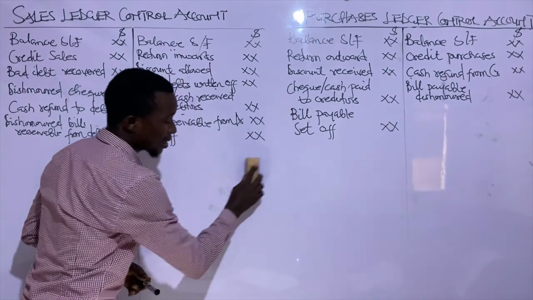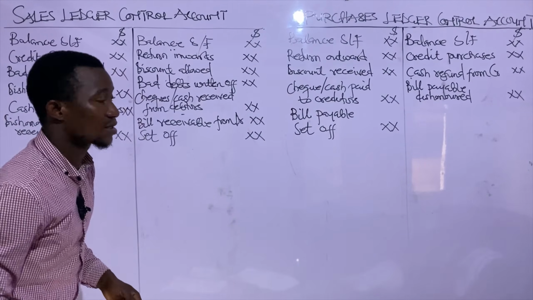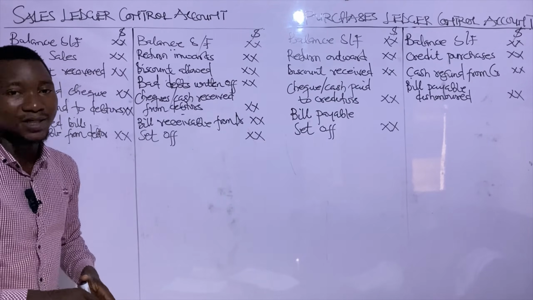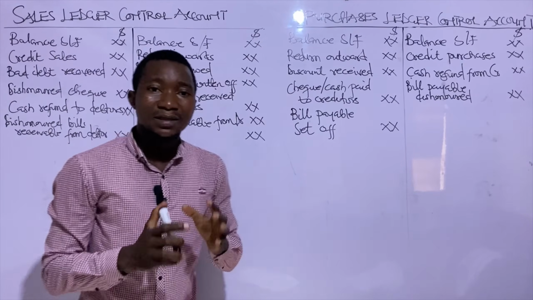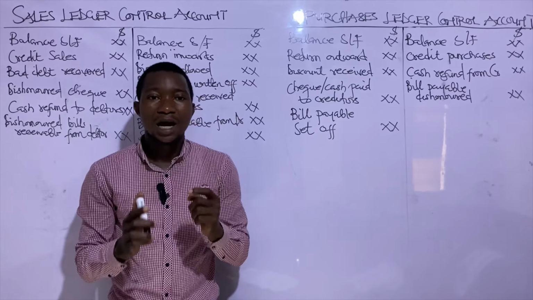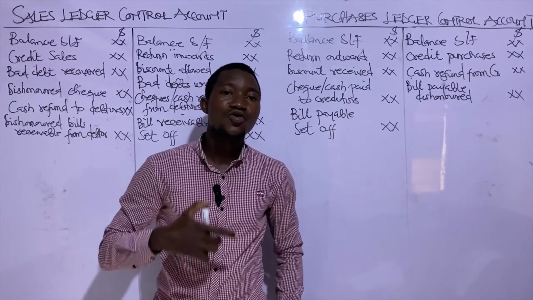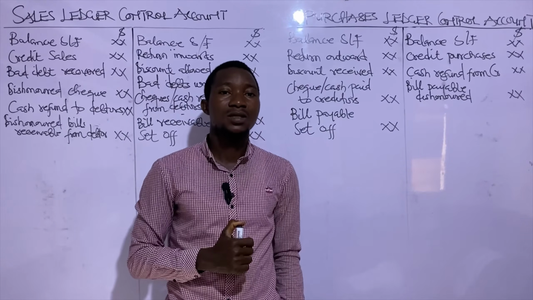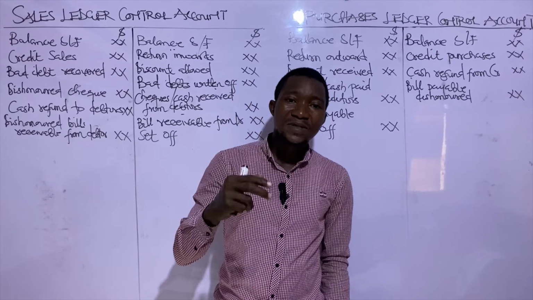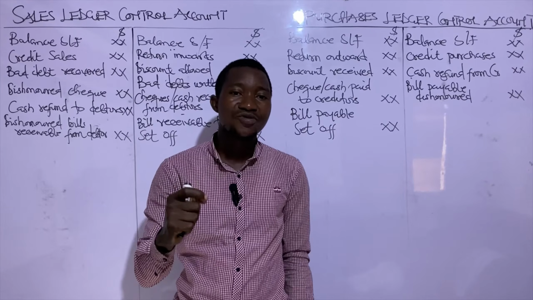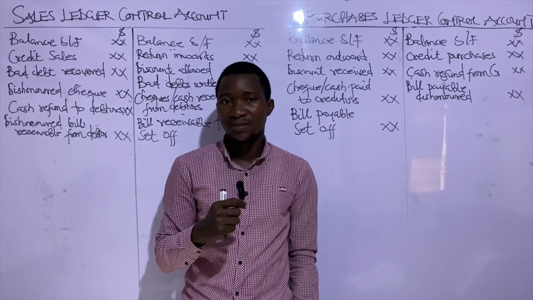Good. The next item I would like to talk about is interest on debtors overdue account. Is that okay? Sometimes there could be an agreed time that a particular debtor needs to pay its debt to the business. If the time elapses, in the subsequent period there could be an interest charged on the amount he owes.